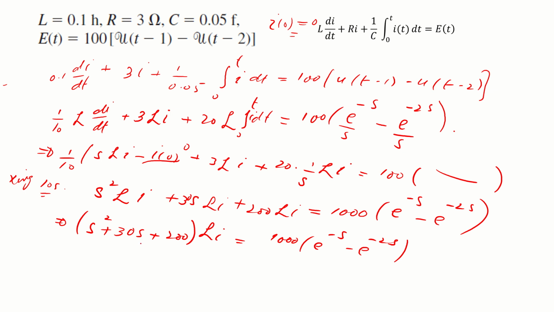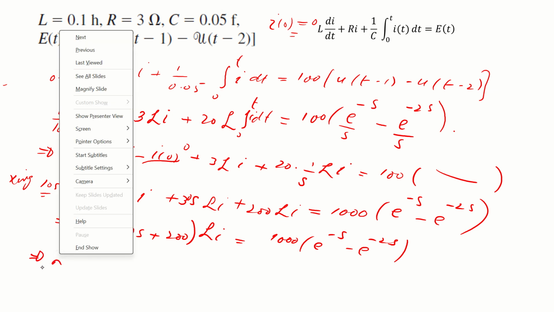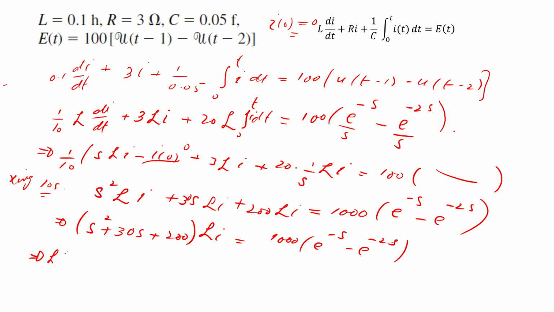Okay, so we can factorize them, or we can find the factors. So we need to find Laplace of I, that is equal to 10,000 divided by (s square plus 30s plus 200) into (e power minus s minus e power minus 2s). Right, so the rest can be done exactly in a similar way by factorizing this.